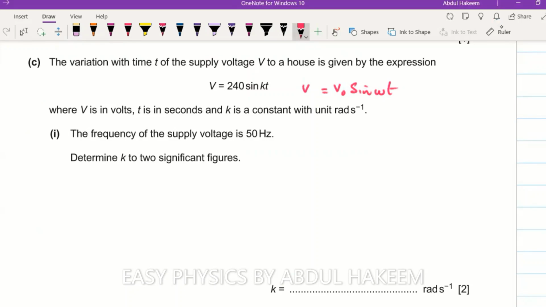The frequency of the supply is this, determine the value of k to two significant figures. So k is equal to omega. By comparing these two equations, k is equal to omega. So omega is equal to 2 pi f. So k is this. So 2 multiplied by 22 by 7 multiplied by frequency 50. After the calculation, it is coming 310.